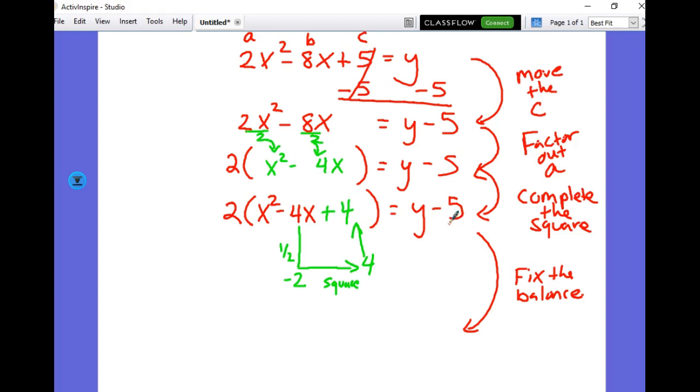Okay, so on the one hand, it may look like I added 4, so to fix it, we'll just add 4 over here, right? But that's not correct, and the reason it's not correct is because this 4, by putting it here inside the parentheses, it's actually being multiplied by 2. So by putting 4 in here, I'm actually adding 8 to this side, because everything in here gets multiplied by that 2. So what I would need to do to fix the balance is put an 8 over there. So I'll show my work for that.